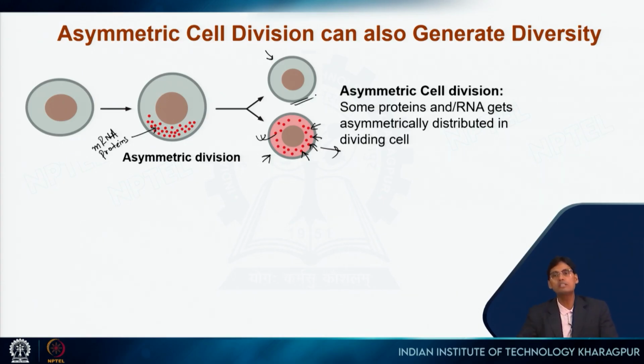But those are not receiving those special molecules, which are the determining factor here. So this is asymmetric cell division, and because of that, from the same cell you are getting two different types of cell, and gradually they will become completely different cell types, right?